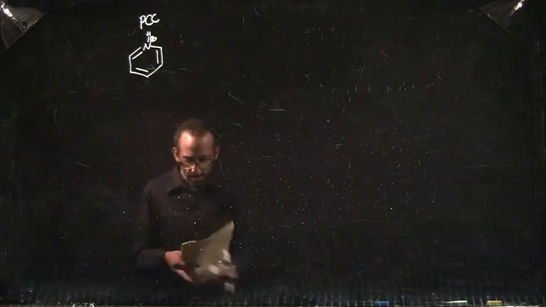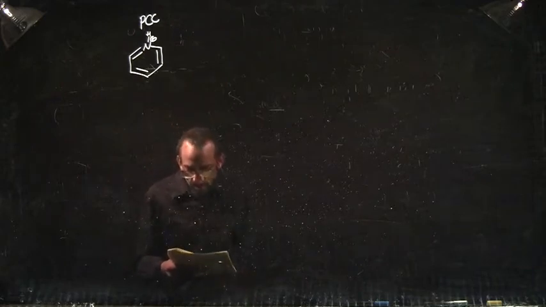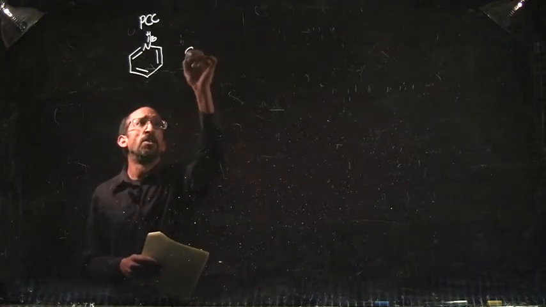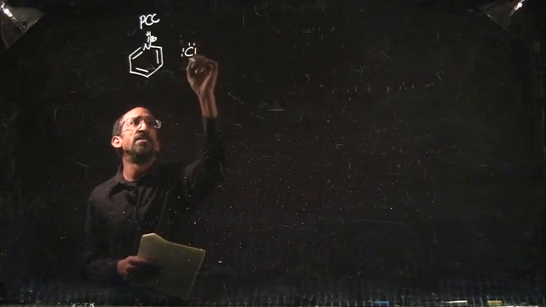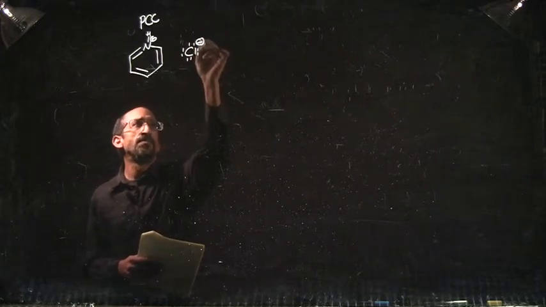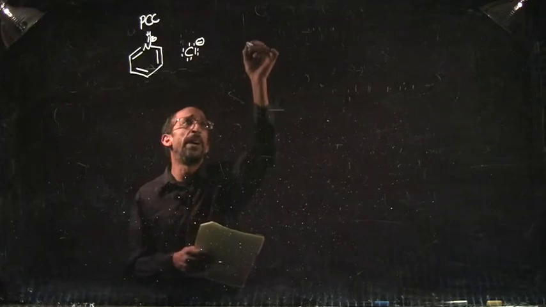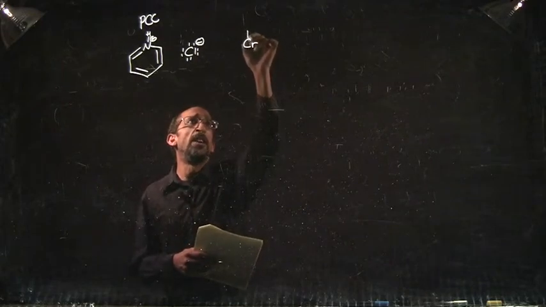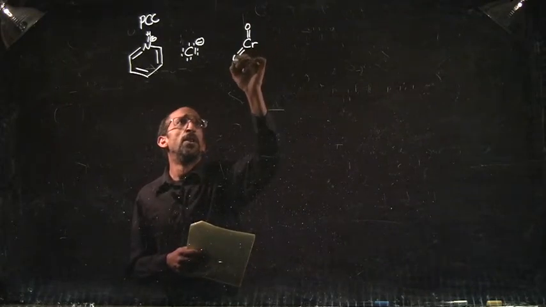So there's our pyridinium. We have a chlorine ion to balance our salt. And we have chromate, which is CrO3.